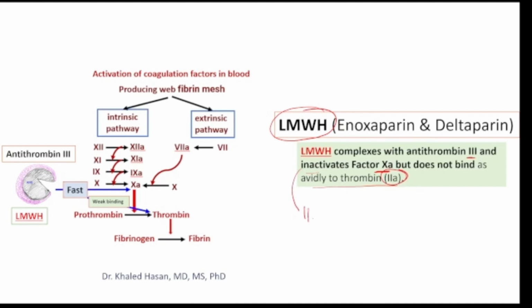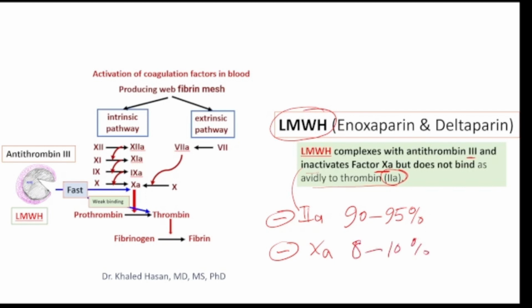So what we have here, let me say, to think about that: enoxaparin inactivates factor 10A by, for example, 90 to 95%, but inactivation of factor 2A could be like 8 to 10%, for example.